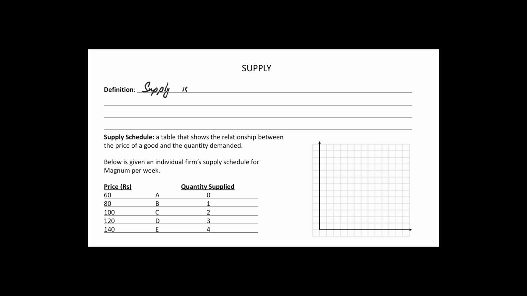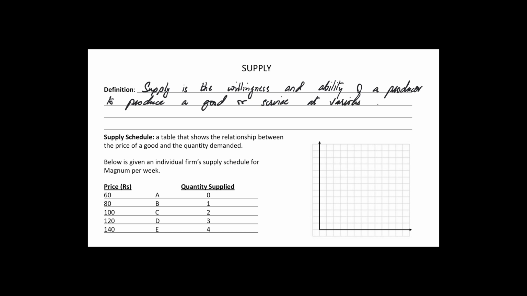Supply is the willingness and ability of a producer to produce a good or service at various price levels in a given period of time.